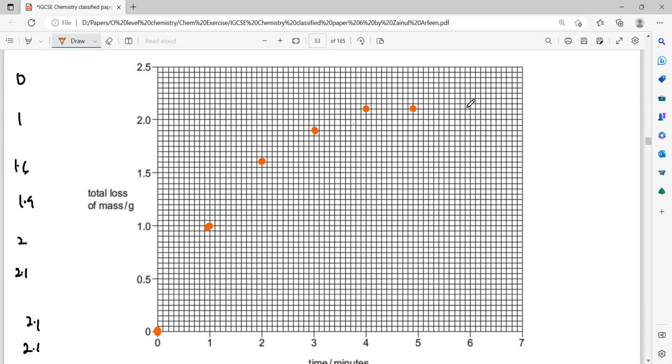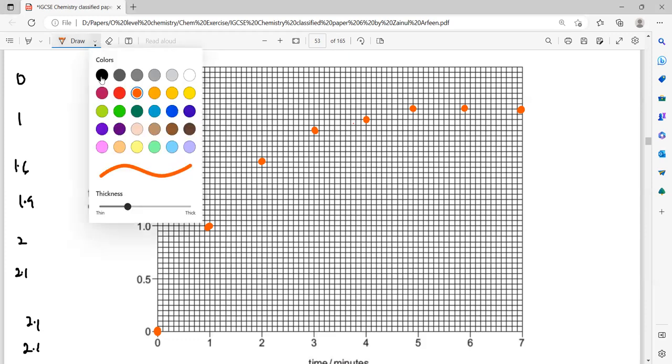Six also it is 2.1 and 7 it is also 2.1. So last values are 2.1. So you have to draw a smooth line graph.